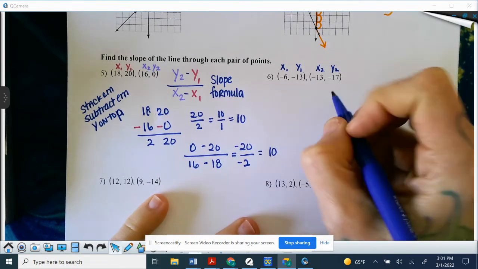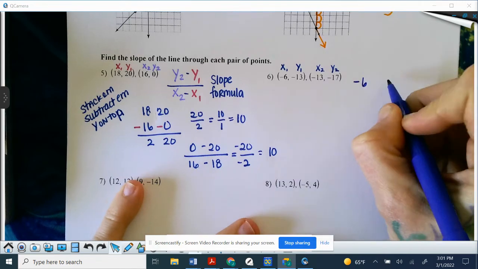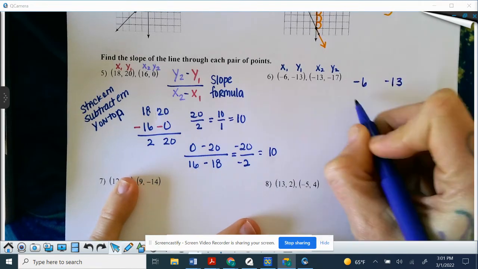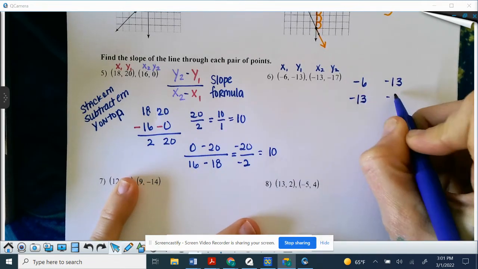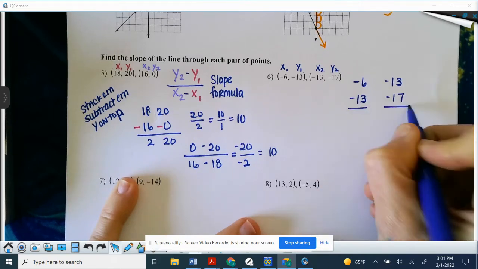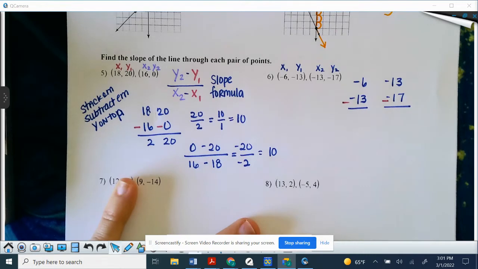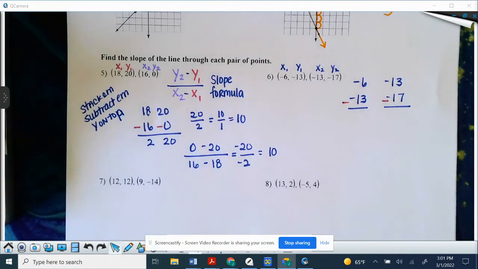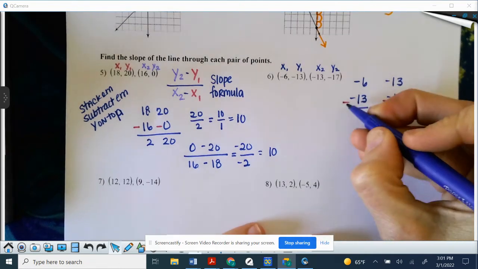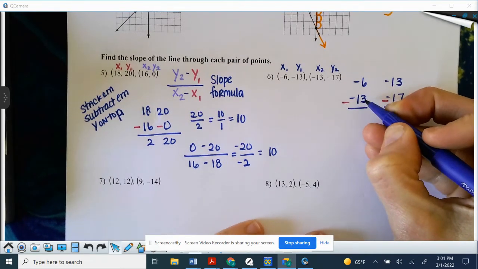So in the stack them, negative 6, negative 13 is my first coordinate. Negative 13, negative 17 is my second coordinate. We're going to subtract. And that means we've got double subtraction, which hopefully we already remember turns into addition. So negative 6 plus 13 is going to be a positive 7.